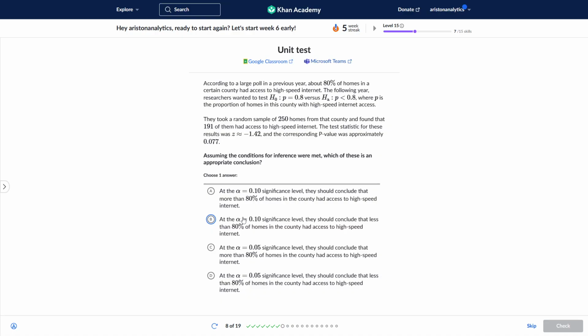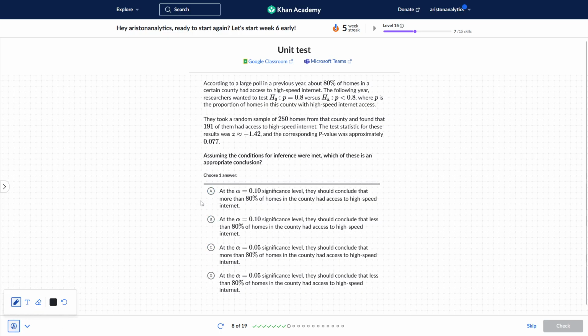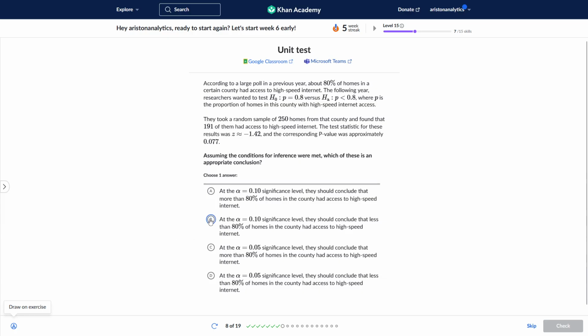P is less than 0.8. Makes sense. 0.1, 0.07 is less. 80%.